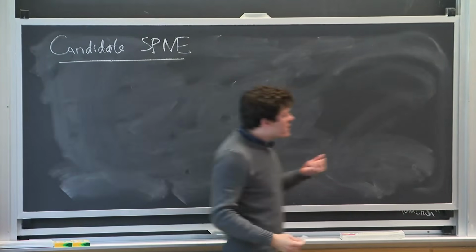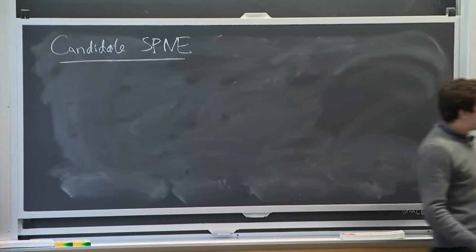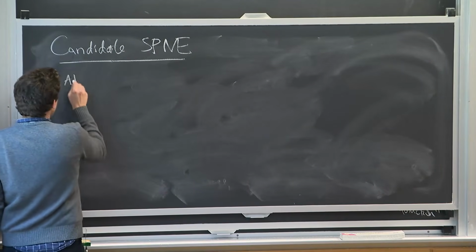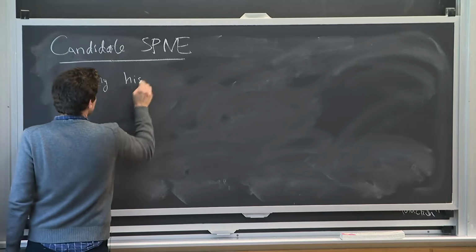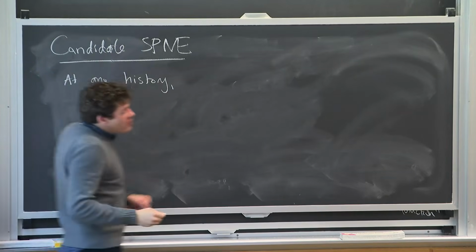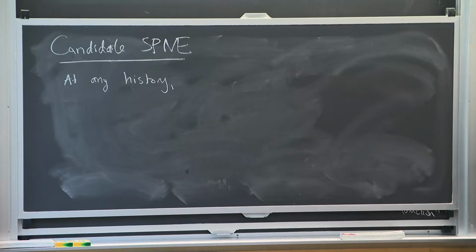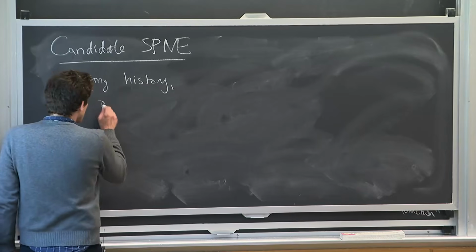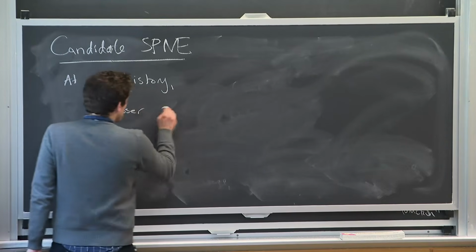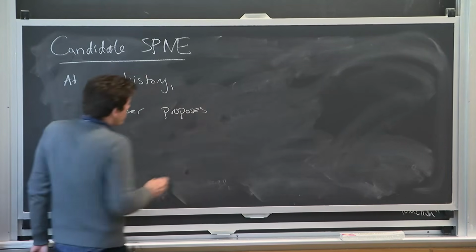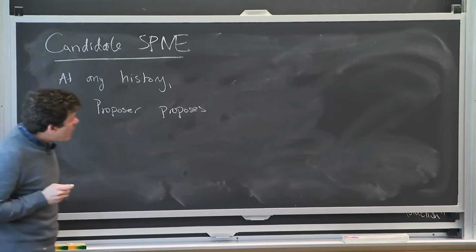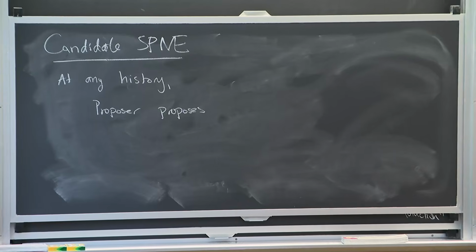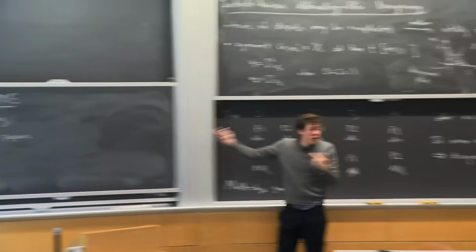Well, as we said, we think that whoever proposes, whatever history we're at, has some advantage. At any history, someone's the proposer. It's either player 1 or player 2, depending on whether it's an even history or an odd history, but let's not worry about that. In any history, the proposer proposes... well, I'd like to use a vector in x, but a vector in x tells me the payouts for player 1 and player 2, and the proposer could be either.